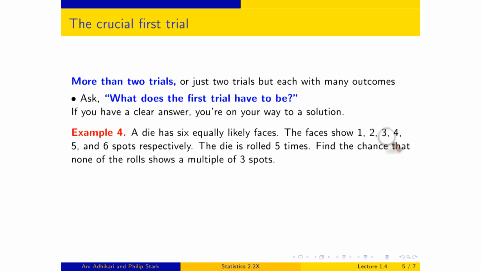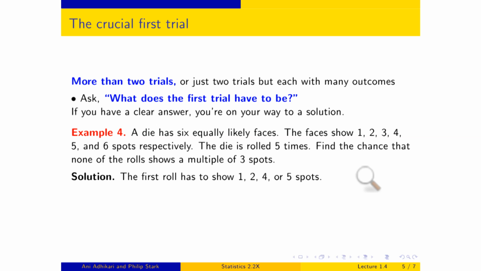So it better not show you 3 and it better not show you 6. So what can it show you? It has to show you 1, 2, 4, or 5 spots. You can say that very clearly. There's no other way. The minute you can say that, you know that the chance that your condition is satisfied on the first roll is 4 in 6.